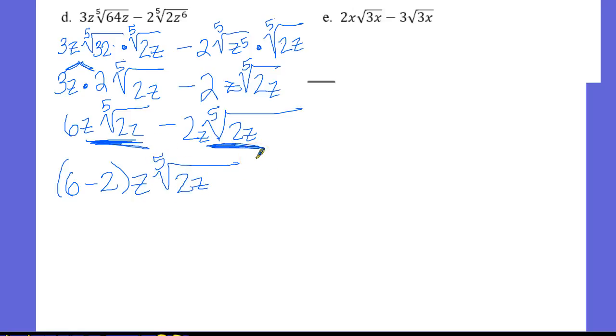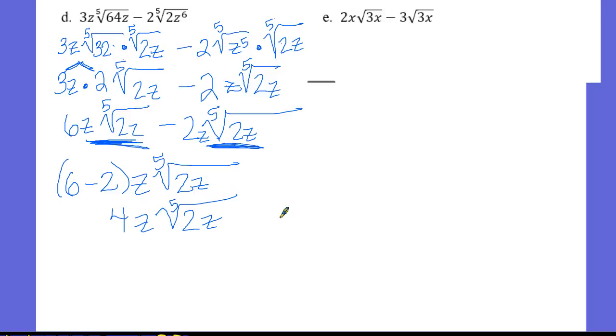We're factoring out a z, fifth root of 2z, leaving us with 6 minus 2, which gives a final answer of 4z, fifth root of 2z. It's a lot of work. Thankfully, we won't have to do it very often. When we get to our quadratics a little bit, we'll possibly have to go back and do some.